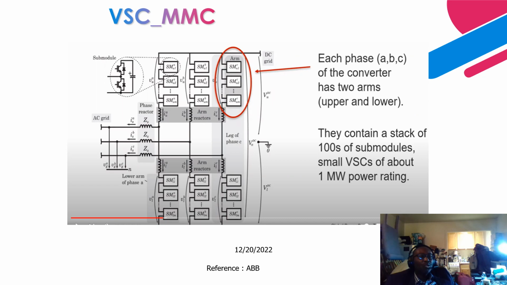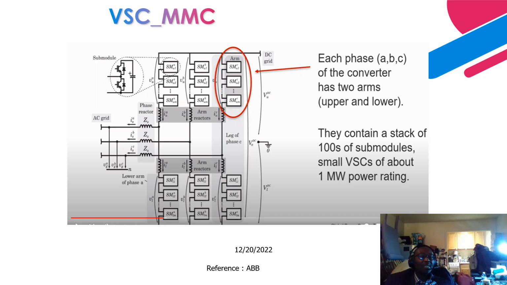So you stack up thousands of these to achieve whatever desired voltage you need. These sub-modules are daisy-chained, meaning they are connected in series to achieve the required voltage. This part of the converter is called an upper arm converter.